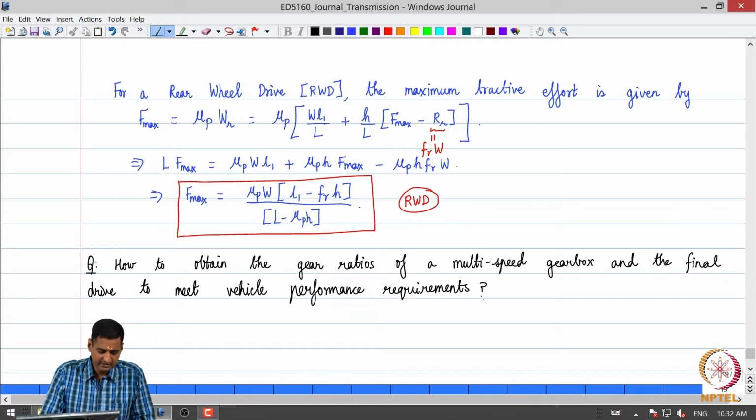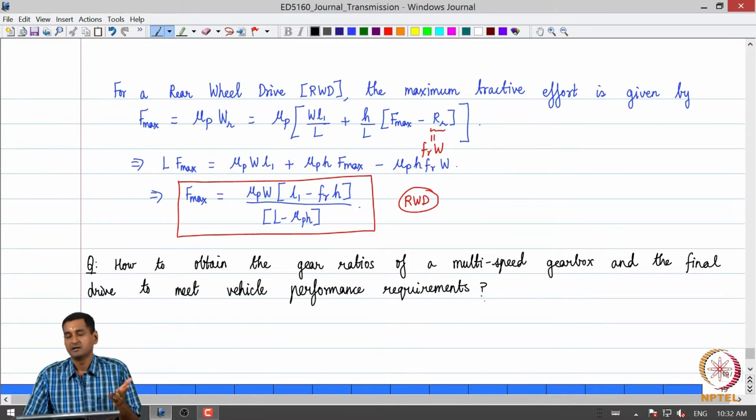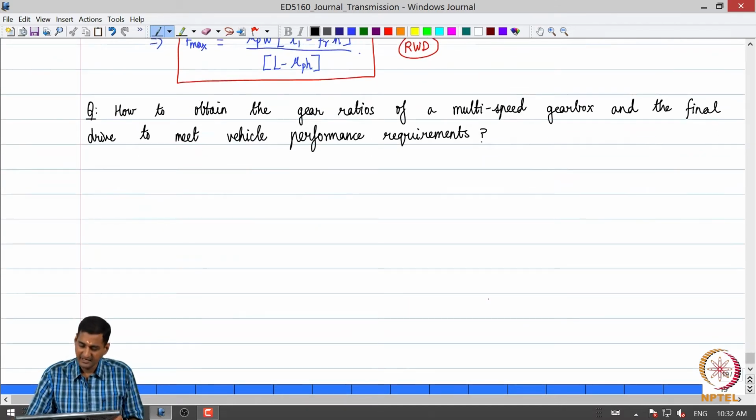Of course, given a base engine. So, given the ratings of an engine, how do we go about and calculate these values?